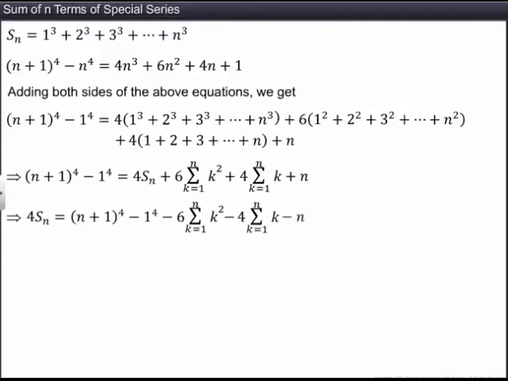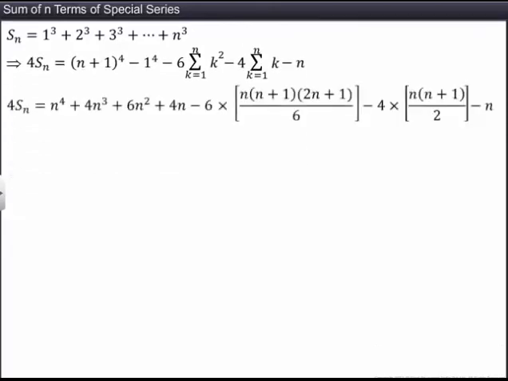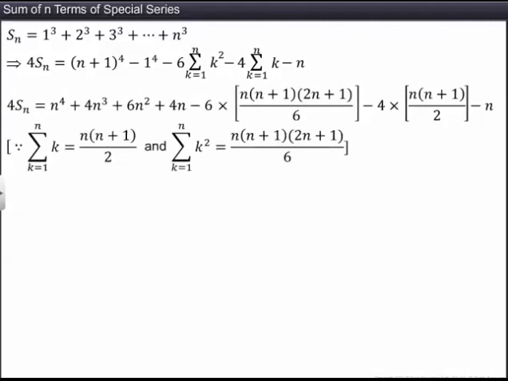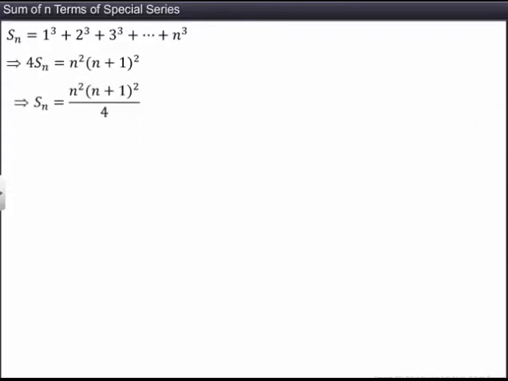Now, let's substitute the values of the sum of the squares of the first n natural numbers and the sum of the first n natural numbers. On simplifying, we get 4Sn is equal to n raised to the power of 4 plus 2n cube plus n square, or 4Sn is equal to n square into n plus 1 whole square, or Sn is equal to n square into n plus 1 whole square whole divided by 4.